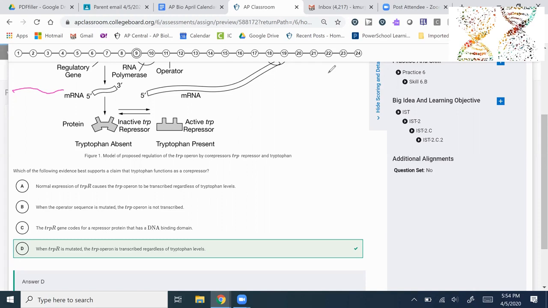It's not showing you whether there's some there or not. B, when the operator sequence is mutated, the trp operon is not transcribed. All right, so there's no evidence of that either. Okay, so the operator sequence.